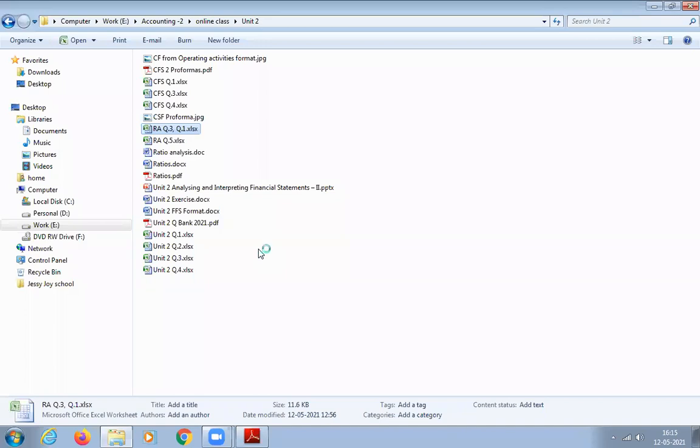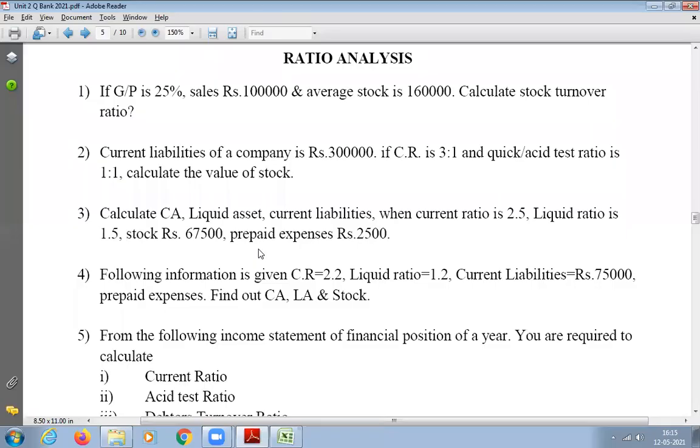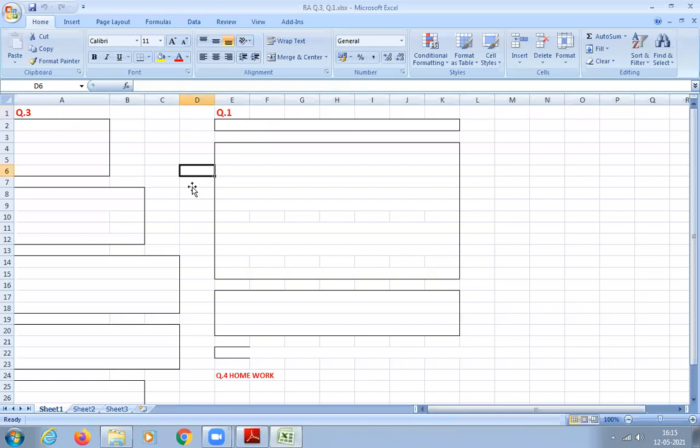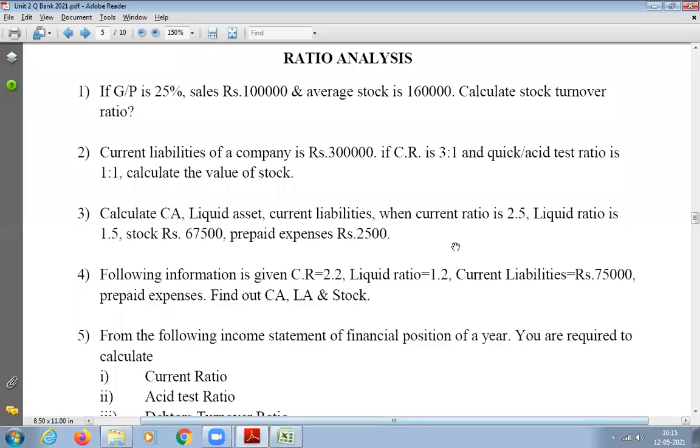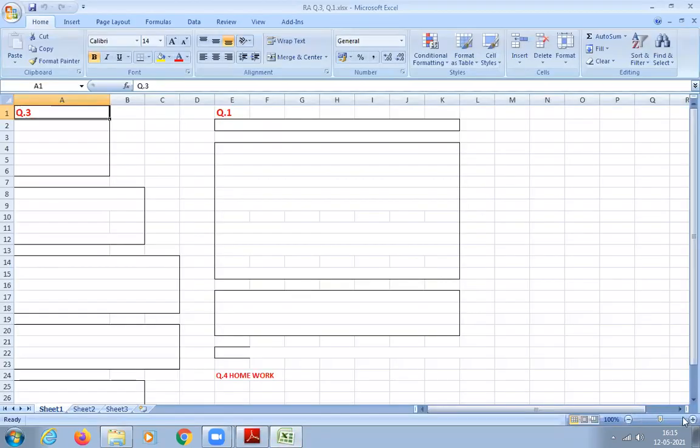Let me open the spreadsheet. So first of all, you write down whatever is given in the question. And then we have to try to find out whatever the question is asking you to calculate. So this is your question number 3.